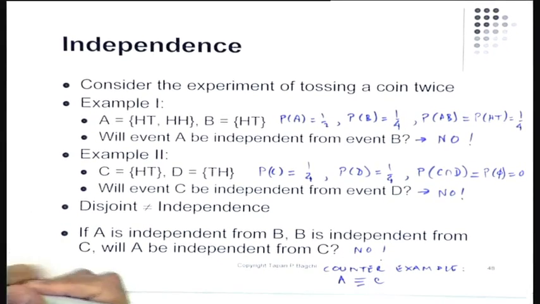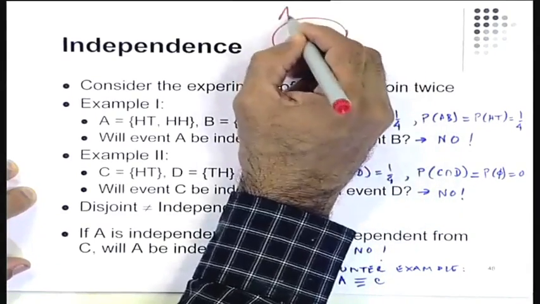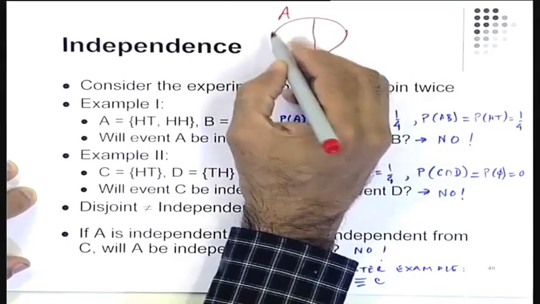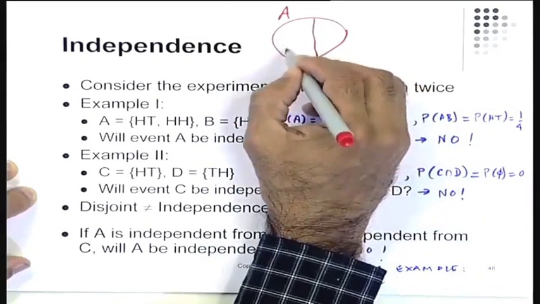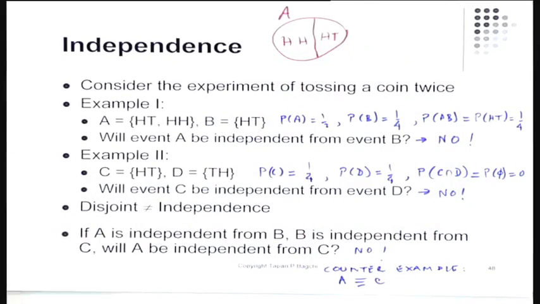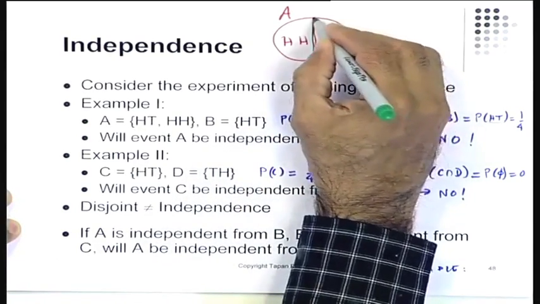It's a very funny situation. I have A here, and A consists of two things: HH and HT. And guess what B consists of? B consists of this part.